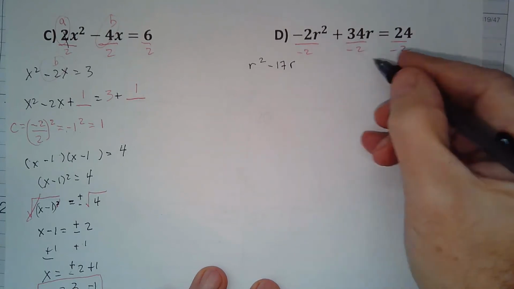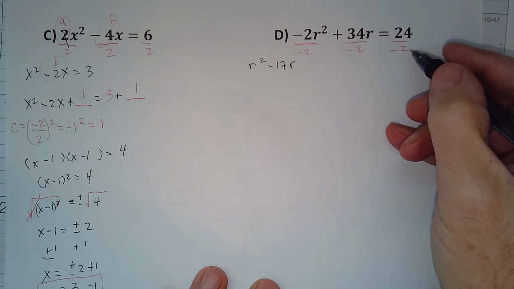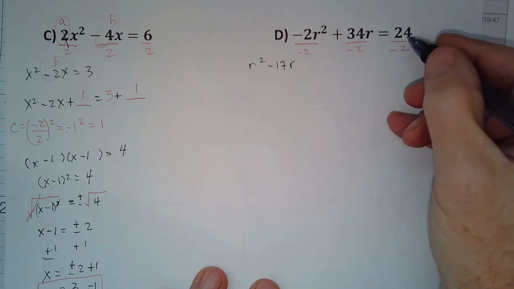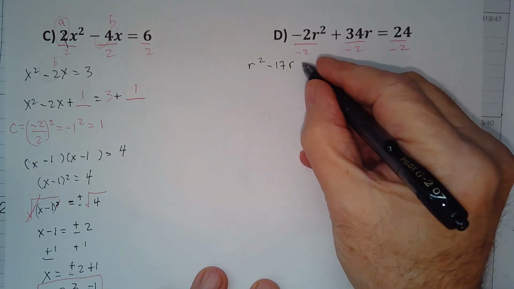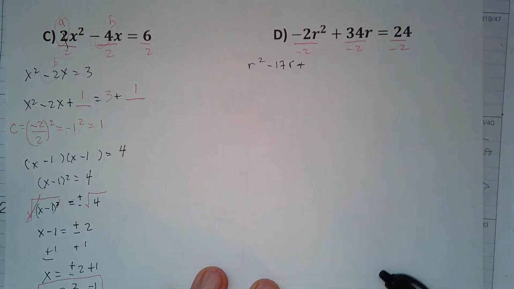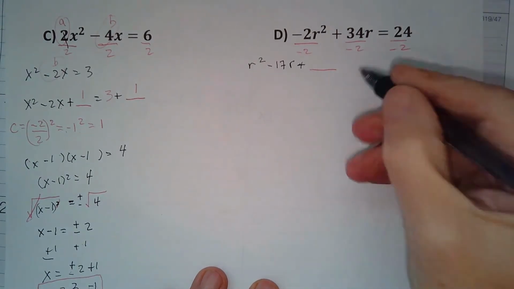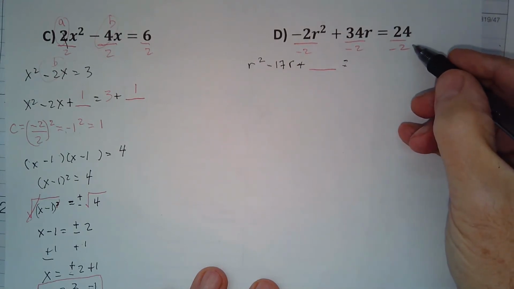Well, let's just do that secondarily. Minus 17r. Well, what's negative 30? We got to do this. Yeah, let's leave a space. So plus something, save ourselves some time, equals, and then what is 24 divided by negative 2? That is negative 12.